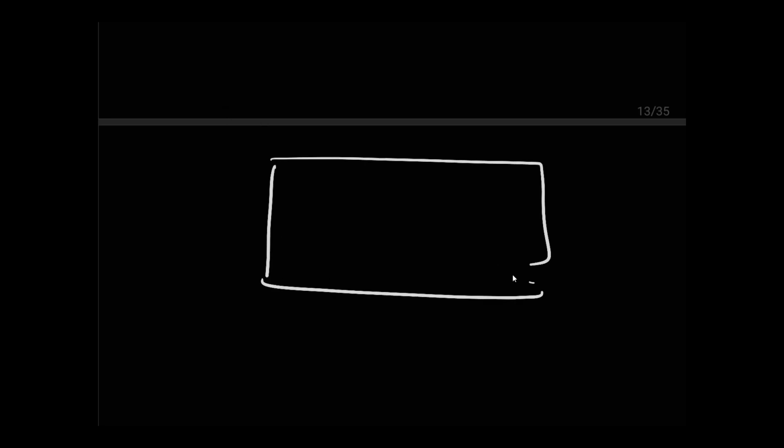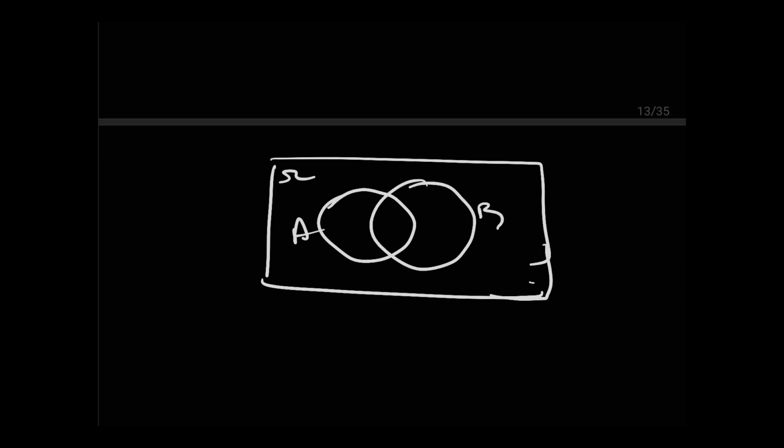Now how did we get this? We can understand it by Venn diagram. Now let us see. It is the sample space, it is A and it is B. Then we are asking probability of A given B, meaning B is already done. So the new sample space will be only the B value.